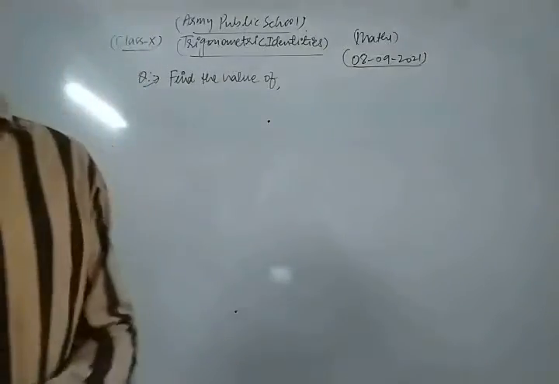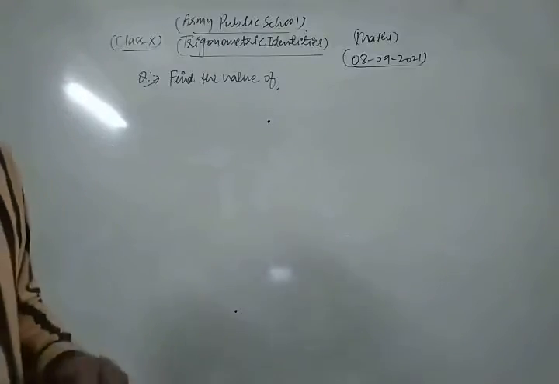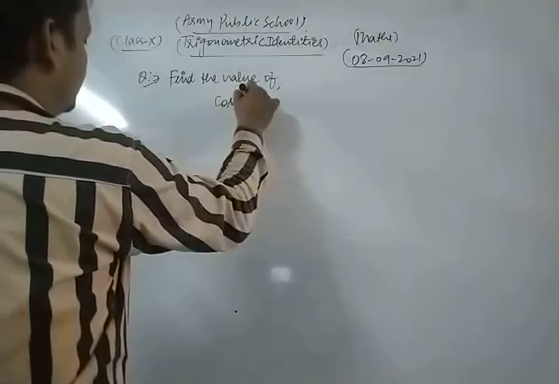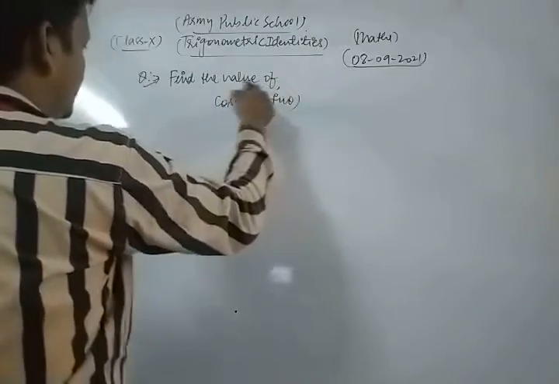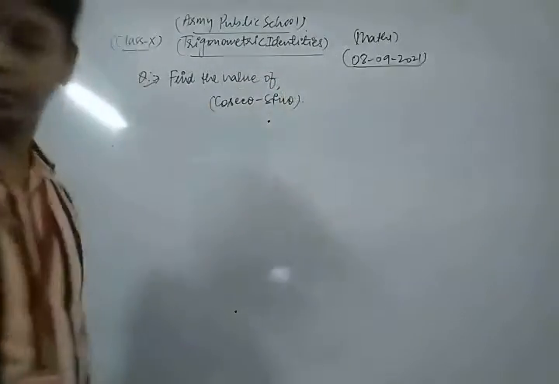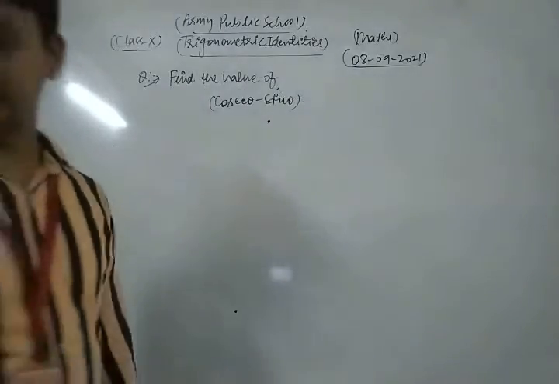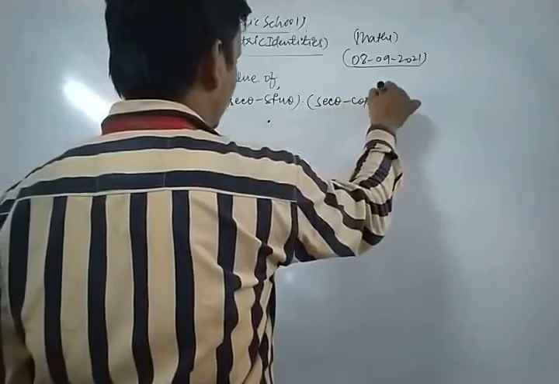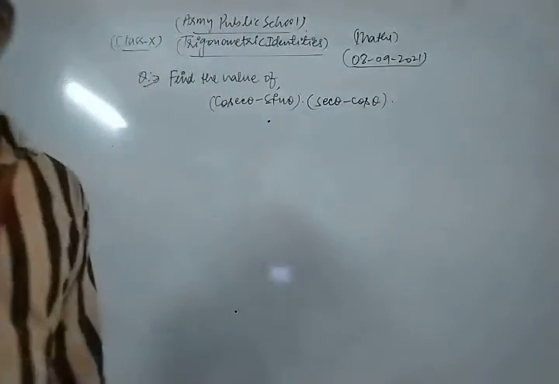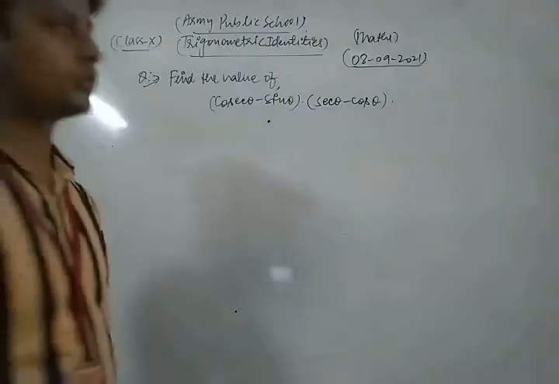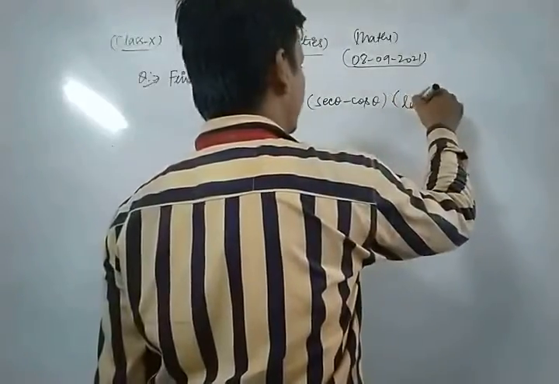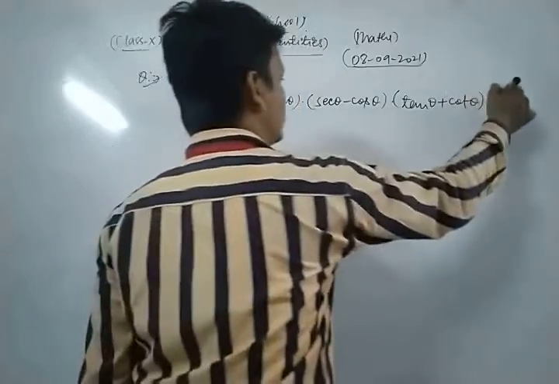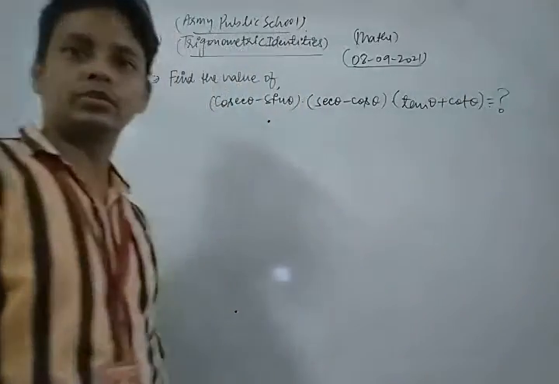Find the value of (cosec theta minus sin theta) into (sec theta minus cos theta) into (tan theta plus cot theta) equal to question mark. Okay, this is your question.